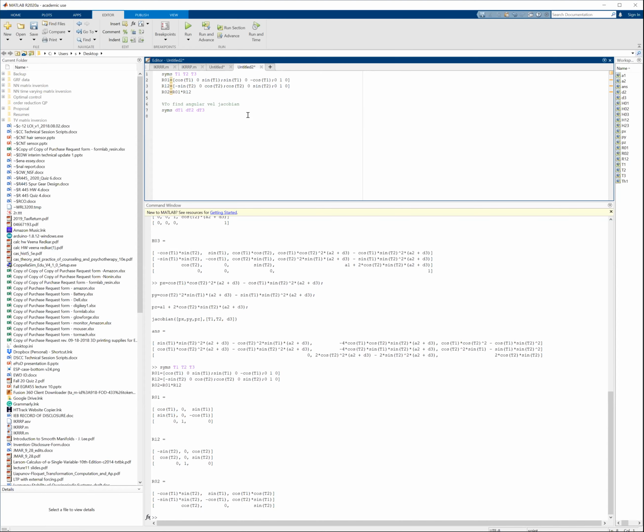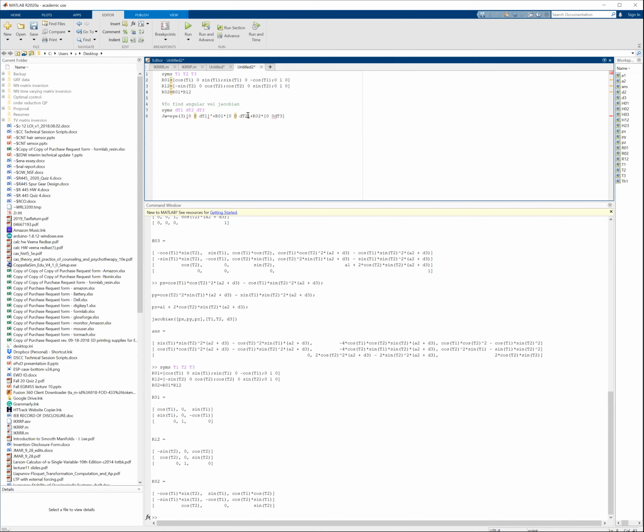J omega is equal to the identity matrix 3 multiplied by 0, 0, dt1 transpose, plus R01 multiplied by 0, 0, dt2, plus R02 multiplied by 0, 0, dt3.